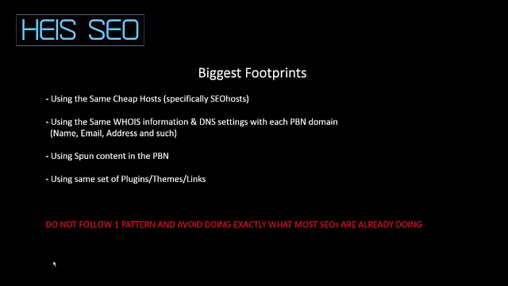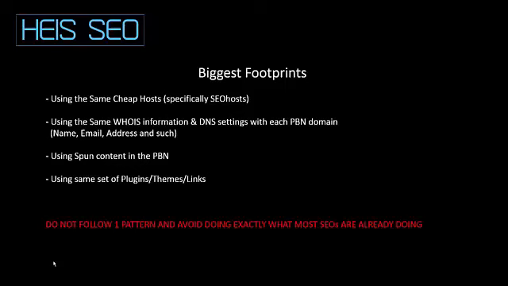And Google can detect this, and you don't want to use that. Also, when they purchase their cheap host, they also use the same whois information and DNS settings with each PBN domain. So you're going to see your same name and email and address on domain A, domain B, and domain C. So it won't look natural at all.